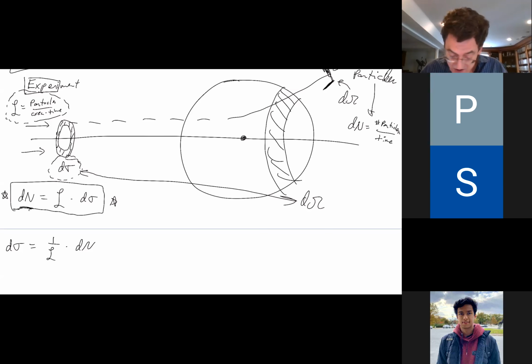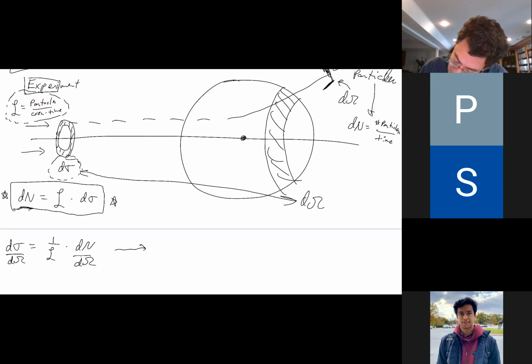If that is true, then check this out. I can divide both sides by d omega, the actual solid angle covered by the detector. These are not just random variables, they're all related.